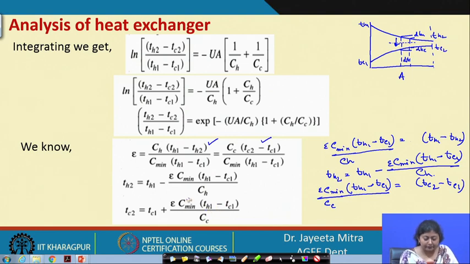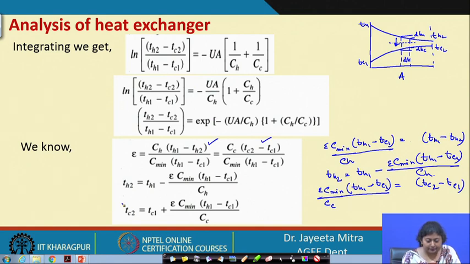So basically this is kind of a fraction that we are achieving by the ratio of C minimum by Cc. Okay. So if it is very close to this, we can get effectiveness higher, right. Because if effectiveness will be 1, in that case C minimum will be equal to Cc and this Tc2 will eventually be Th1. So this is how we have found out Th2 and Tc2.